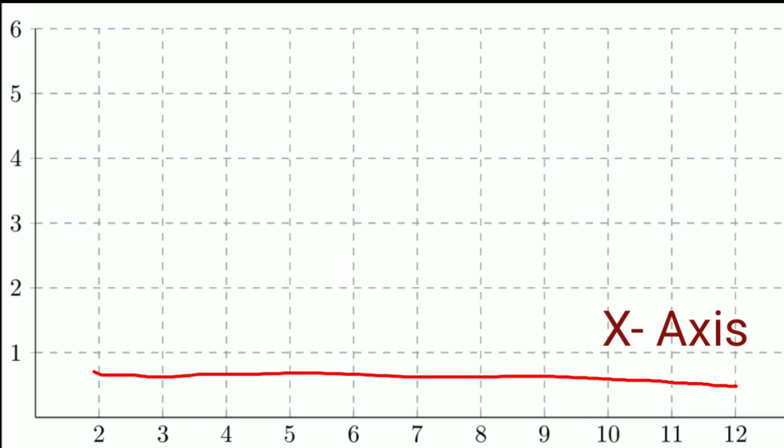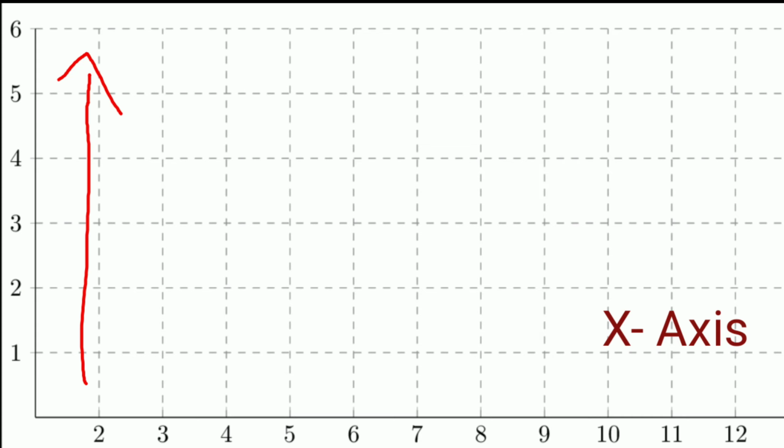A graph consists of an x-axis, the horizontal axis, and a y-axis, the vertical axis, and a particular point on a graph is identified by its coordinates x and y. Consider the two straight lines shown in the figure. The horizontal line is referred to as the x-axis, placing the independent variable, and the vertical line is referred to as the y-axis, placing the dependent variable.